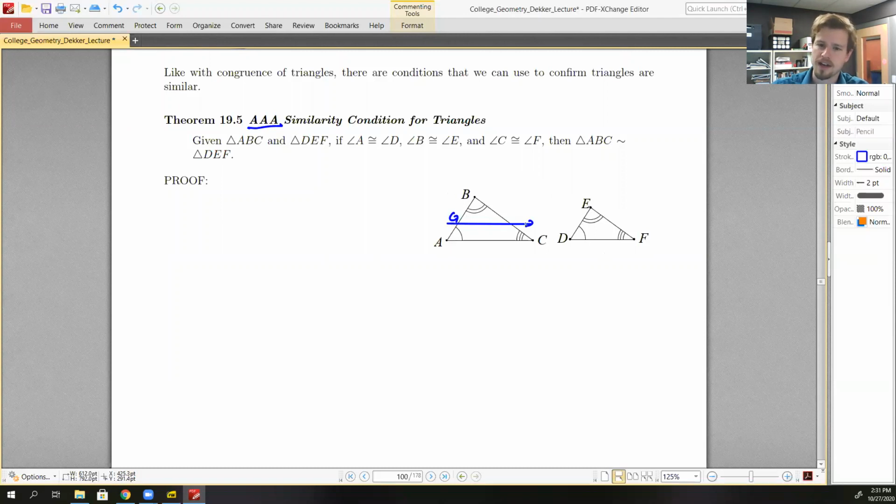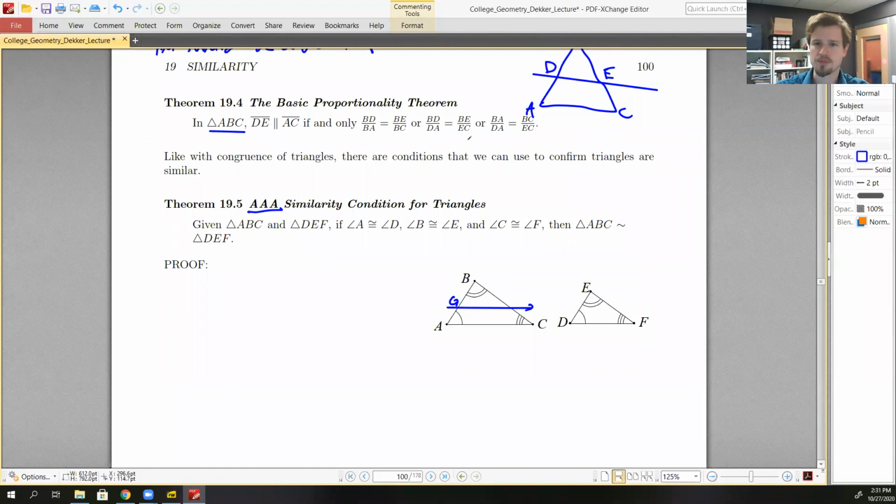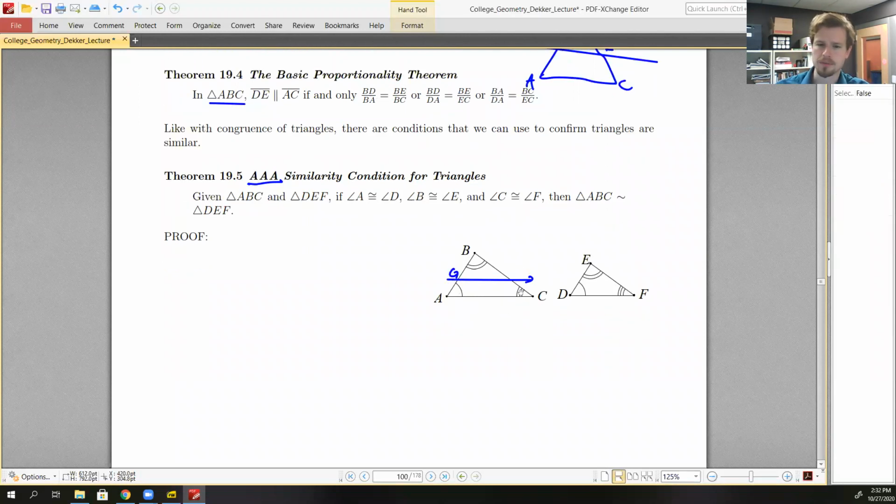And since we chose that line to be parallel, we have several equivalencies we can choose from for ratios. So we'll be able to utilize this theorem in our proof. Find a parallel, show congruence.